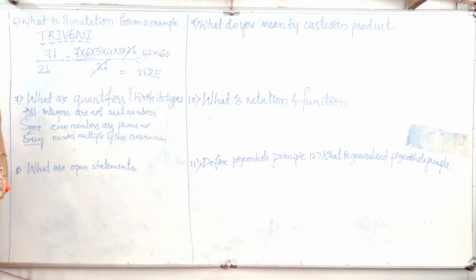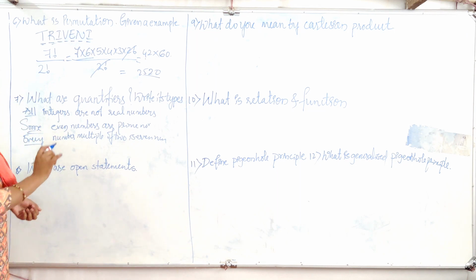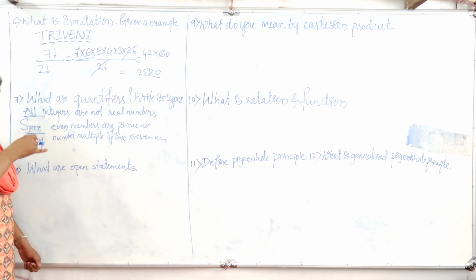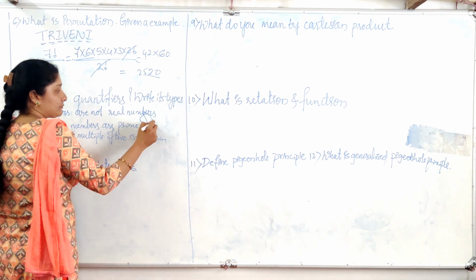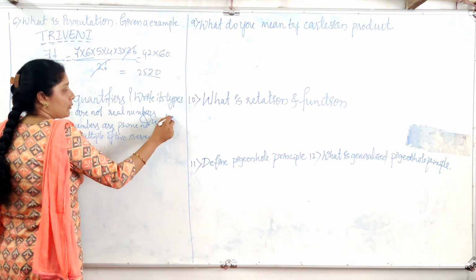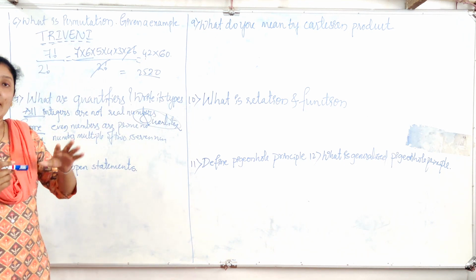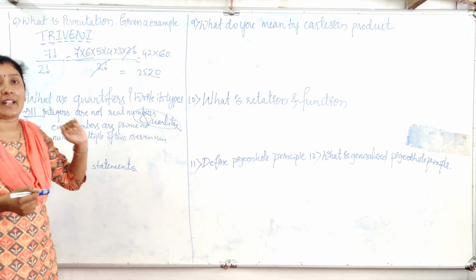Okay, so I am using the words here: all, some, every, each, like that. So the propositions where we use such words which are related to quantity, so the words which indicate the quantity are called quantifiers.